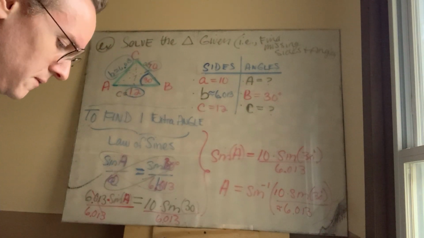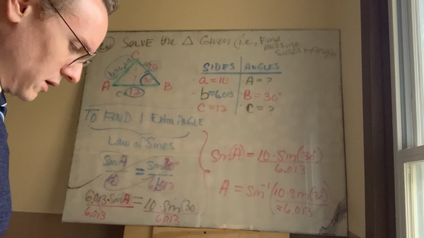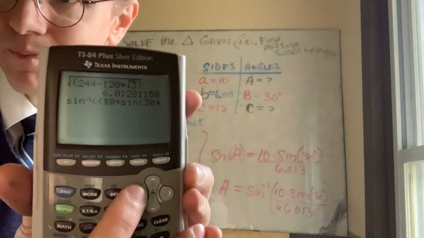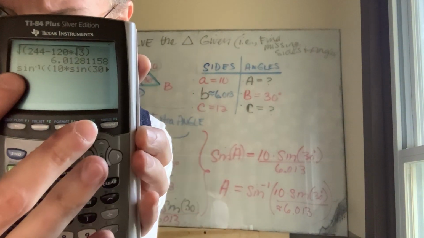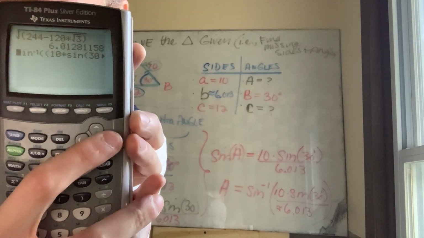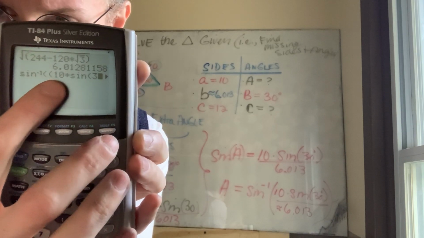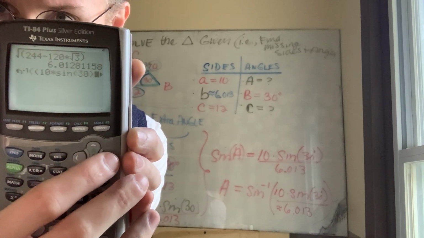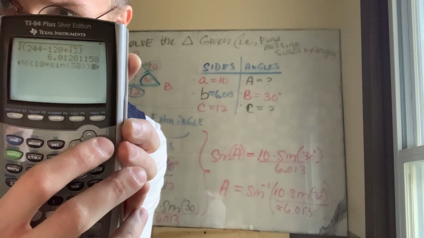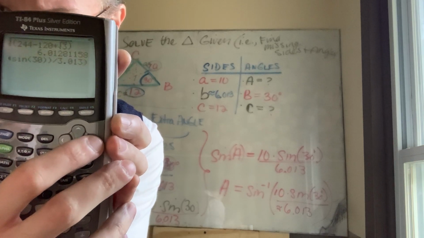Divided by 6.013, my rounded figure. This is what it looks like according to the way I've typed it. The inverse sine of, and I was very careful with the syntax here. I put the entire top in the parentheses. Notice that there's two parentheses here. On the opposite end of this, you see the enclosure here. And then division, and then the bottom is just the rounded number I have.